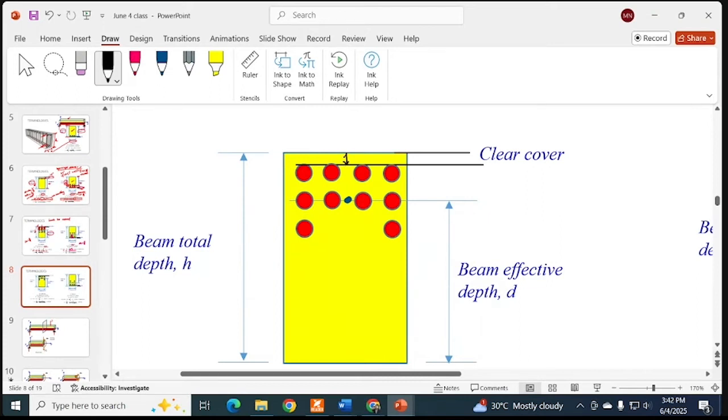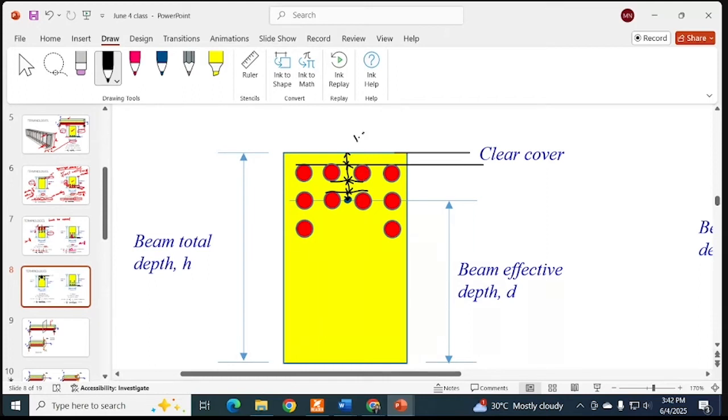First clear cover, then bar diameter, then layer to layer distance, then bar radius.